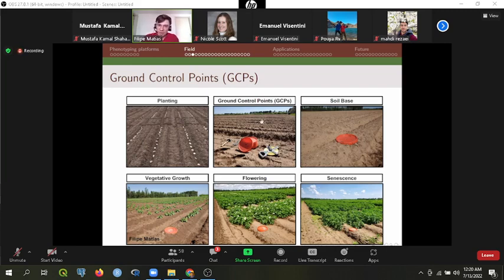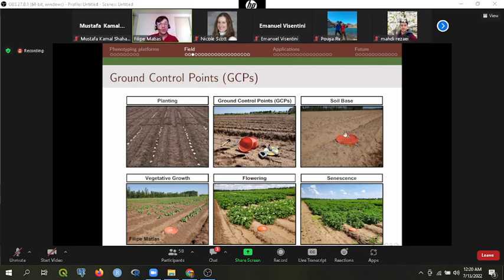The ground control points, we basically put them in the field before starting to collect images and they stay there during the whole cycle. Each group does this in a different way. The way that I like to do it is to keep the same position and the same ground control there during the whole cycle.